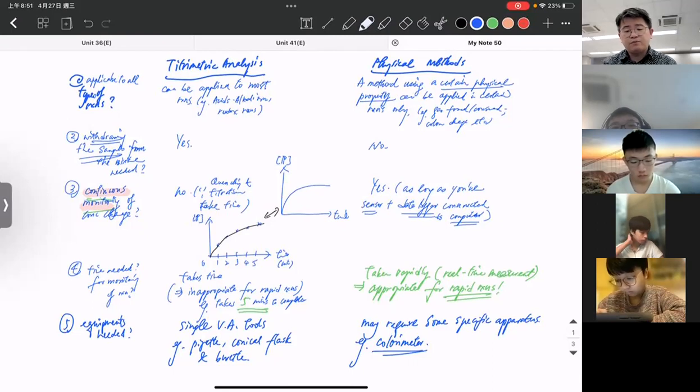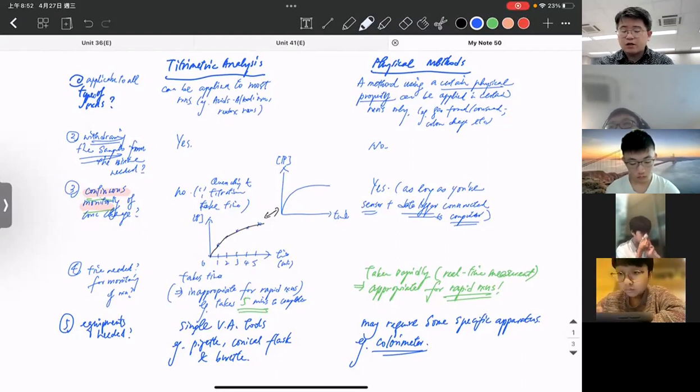So you may find that the physical method seems to be easier, but it has its limitation, because not all chemical reactions will show those easily observable changes that can be measured. So we cannot choose, but go back to titrimetric analysis.